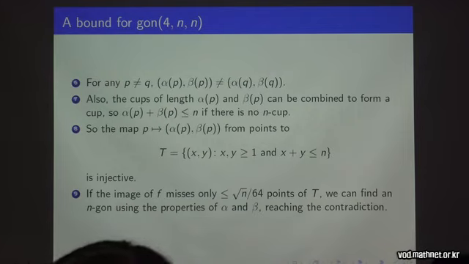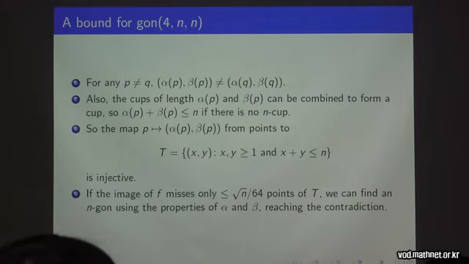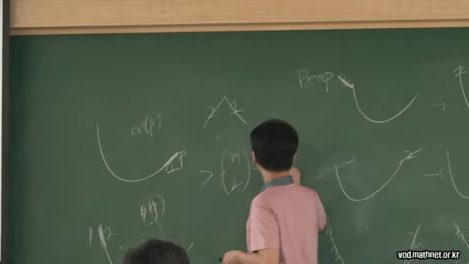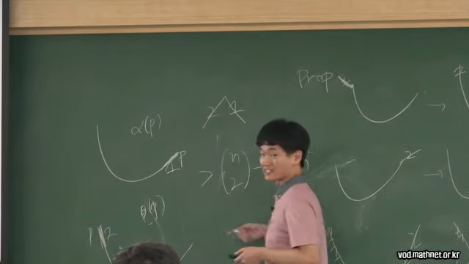So if we inject S to this set, okay, so we use the method of contradiction. So let's say that we have more than n combination 2 minus 1 over 64 square root of n, let's say.